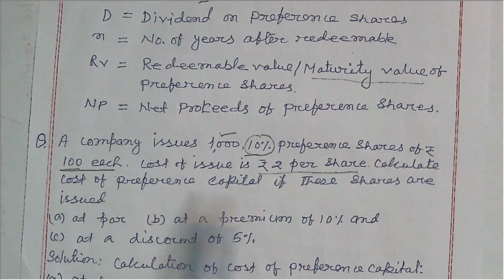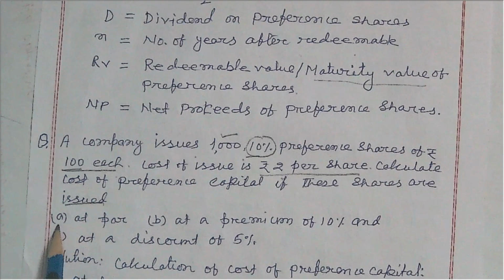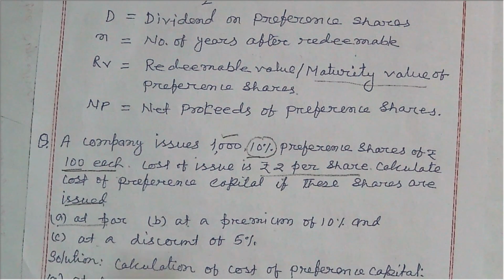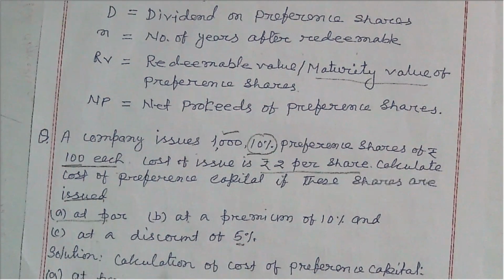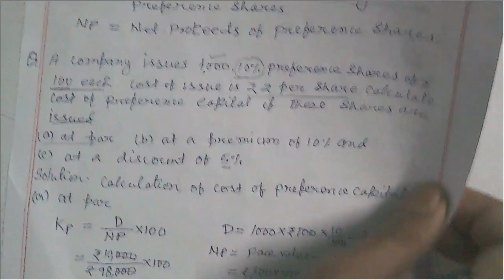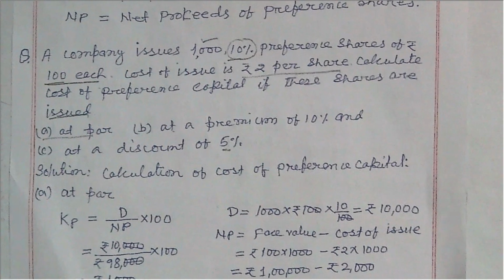Calculate the cost of preference capital if these shares are issued at par, at a premium of 10% and at a discount of 5%.